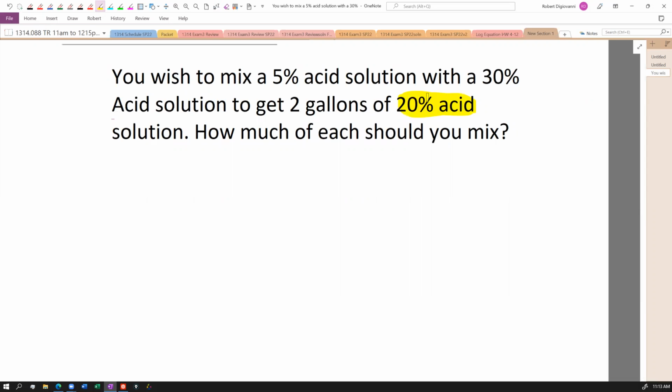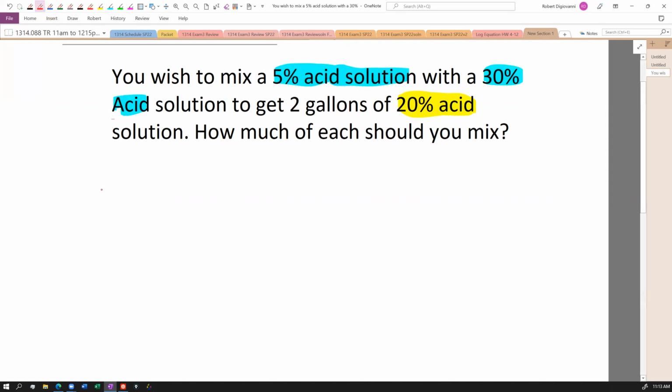But in the storeroom where they keep all the chemicals, all they have in the back is a 5% acid solution and a 30% acid solution. So they have one that's pretty weak, 5%, and then a really strong acid solution, 30%. And so what you need to do is mix those two together so that you can get 2 gallons of 20%. Make sense? And the question is, how much of each do you pour in so that when you're done, you have exactly 2 gallons and it's 20%.